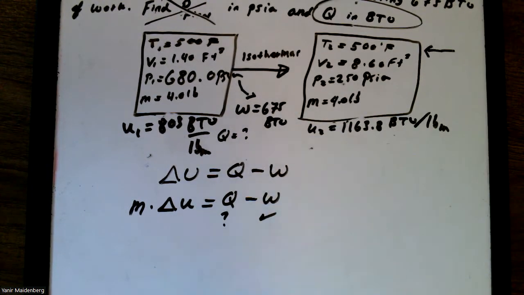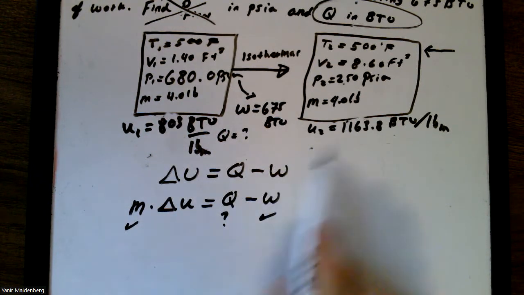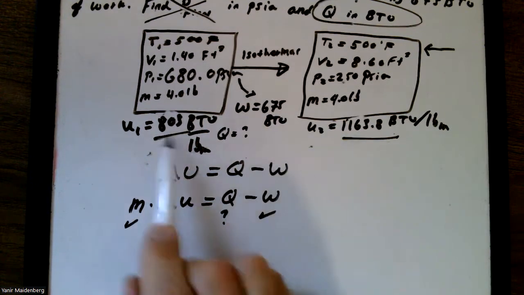We want Q. We have the mass, it's 4 pounds, and we have the change in internal energy, final minus initial.